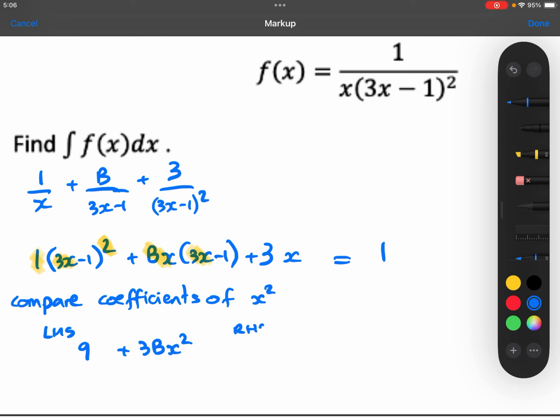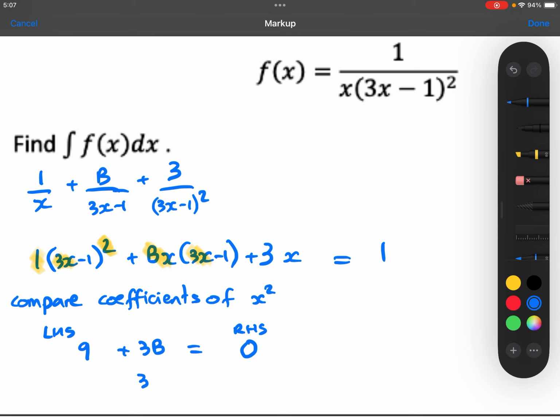On the right-hand side, there's no x squareds at all. So on the right-hand side, we've got no x squareds. So just to recap, on the left-hand side, we've got 9x squareds plus 3b x squareds is equal to 0.